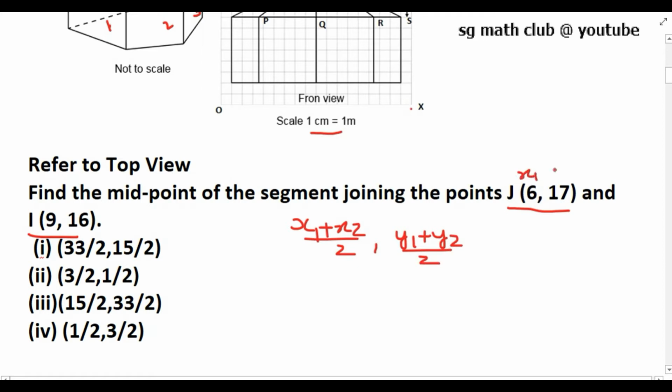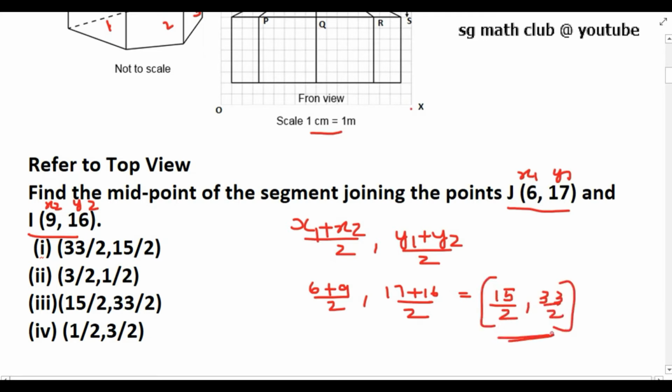Here this is x1, y1 and this is x2, y2. We add: (6 plus 9)/2 and (17 plus 16)/2. So we have 15/2 and 33/2. The midpoint of the line segment joining the points is (15/2, 33/2).